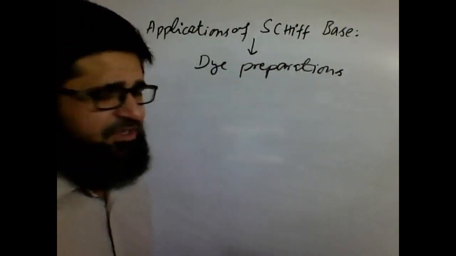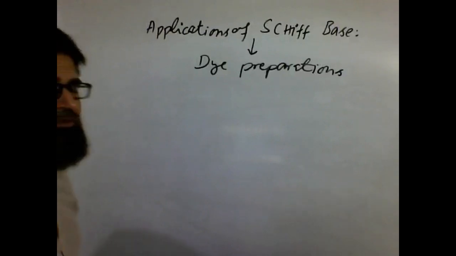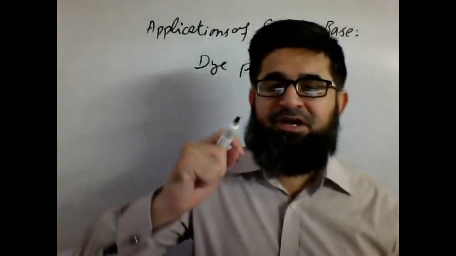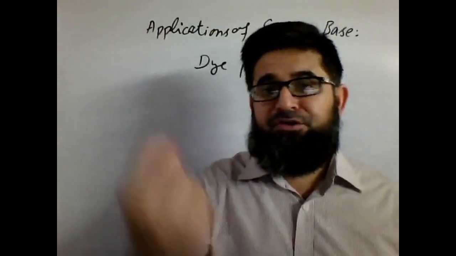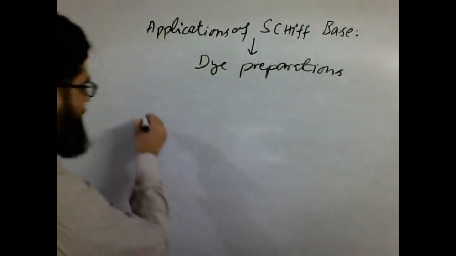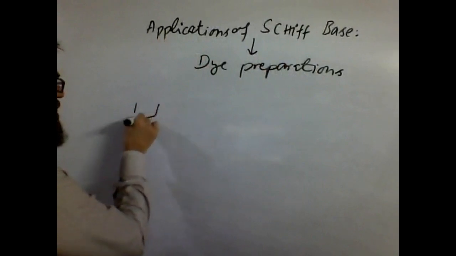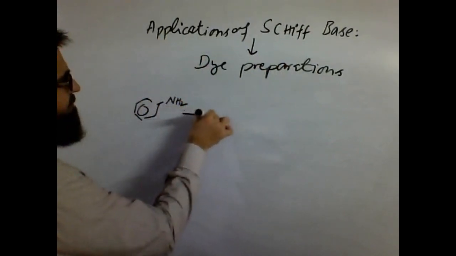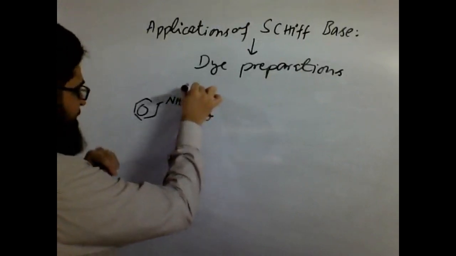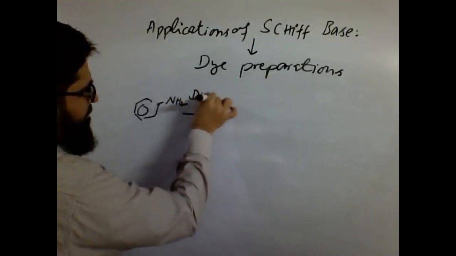According to my previous lectures, what you have an idea about the dyes, especially the azo dyes, is that they are dyes which carry an azo group. How do we introduce the azo group? Actually, we start off from some sort of amines. We go for diazotization.